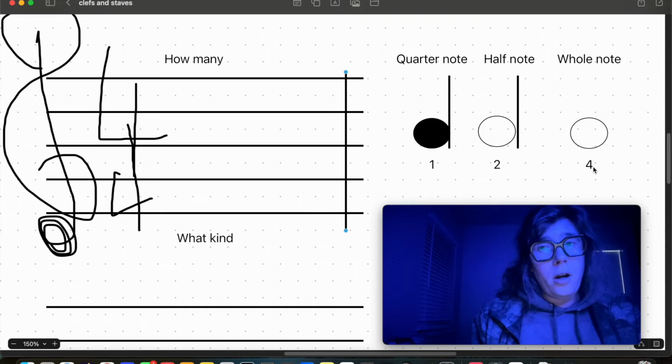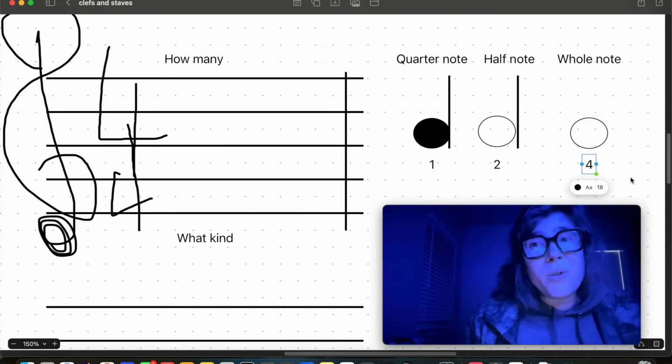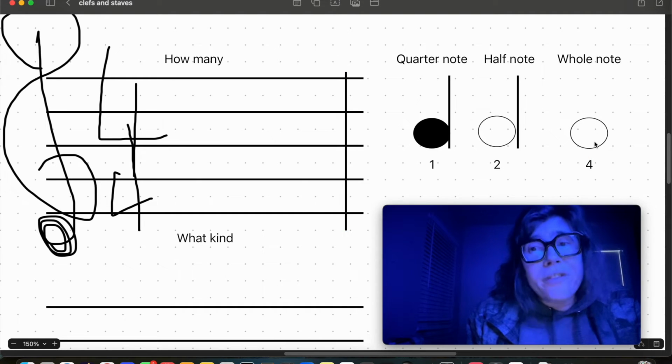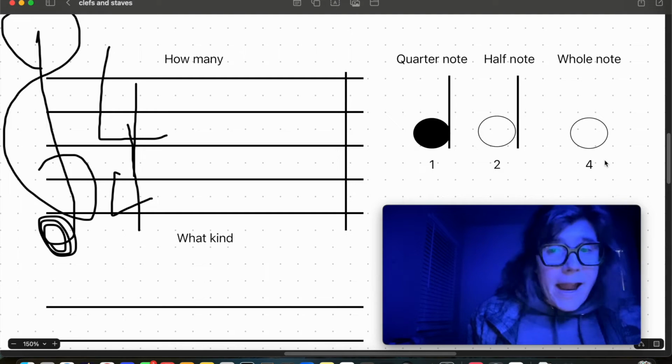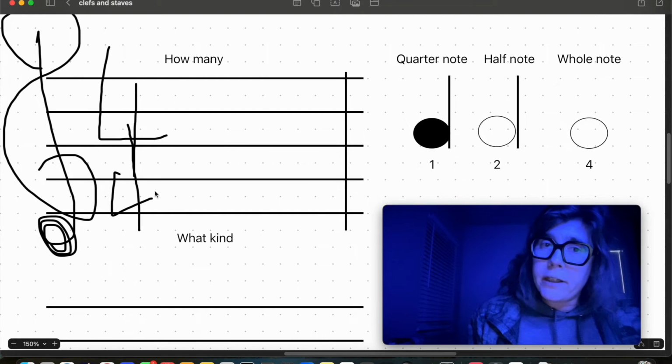Value of 4. We can only use 1 because the whole note is worth 4. Let me do that again. So I asked, what notes or combination of notes could we put theoretically into this measure that has the value of 4 quarter notes available to it?